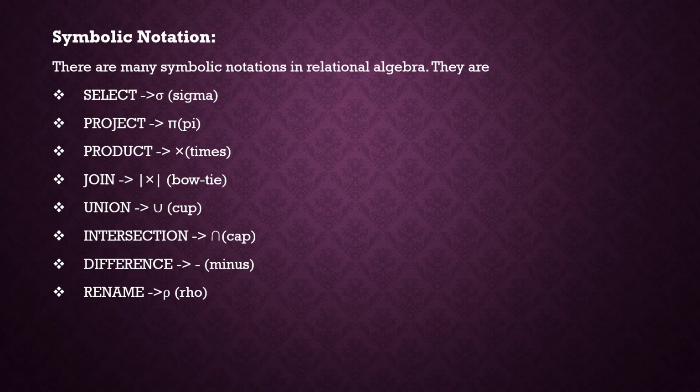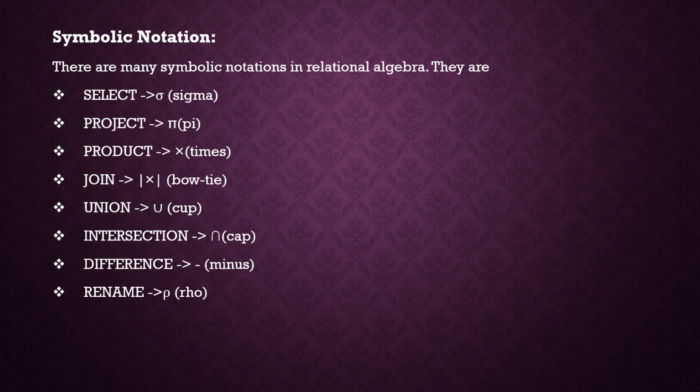Next, product, represented by cross, or times. Next, join. Here it also uses cross, but it should be placed within the pipeline symbol, or two dash symbols, which is also called the bow tie.